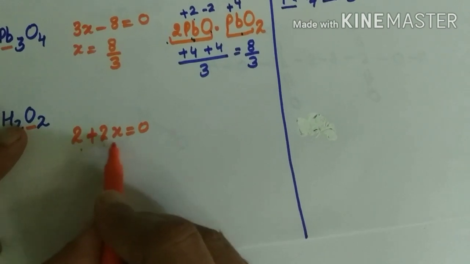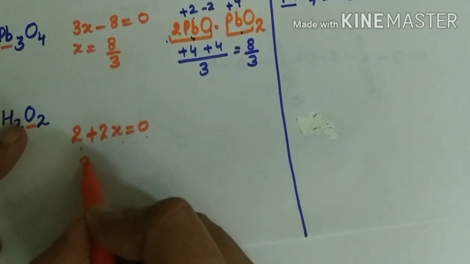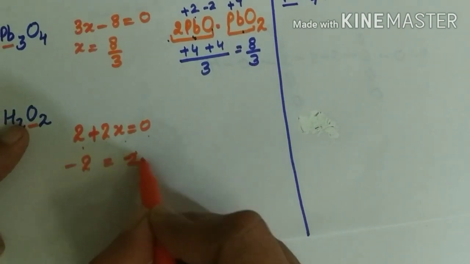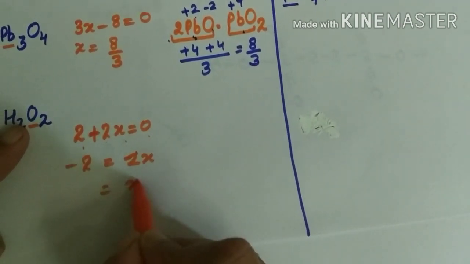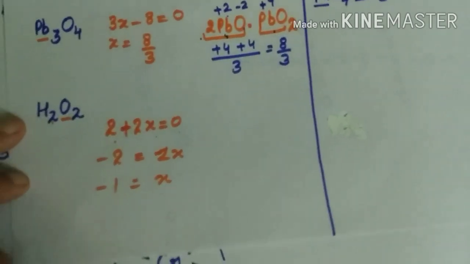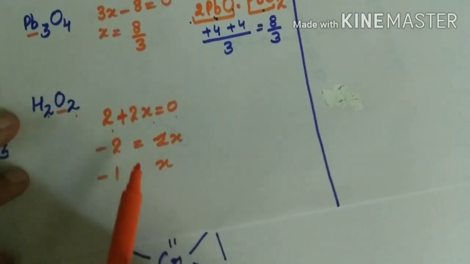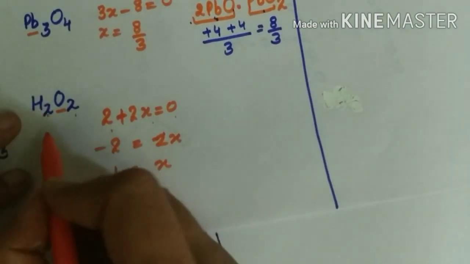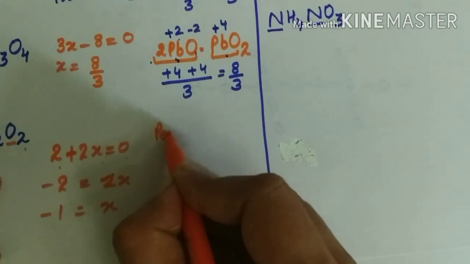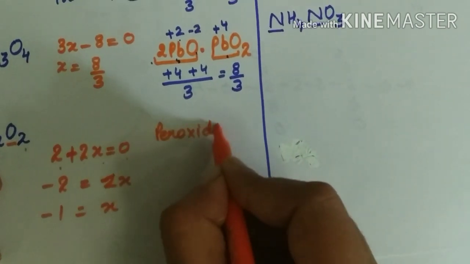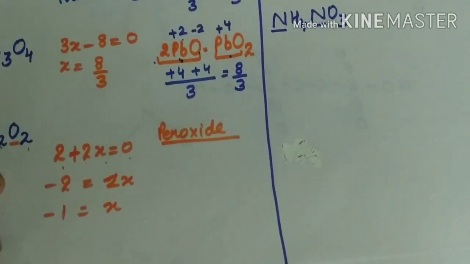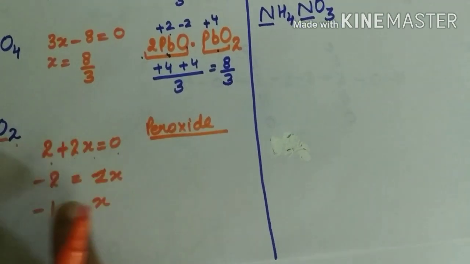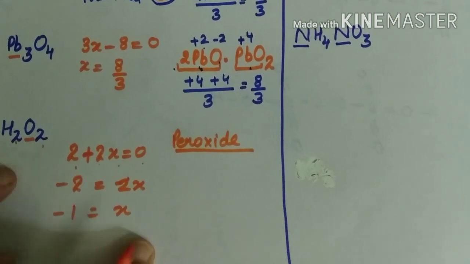So 2 plus 2x is equal to 0, or 2x is equal to minus 2, or x is equal to minus 1. So in H2O2 the oxidation state of oxygen is minus 1. This is called a peroxide. In most cases the oxidation state of oxygen is minus 2, but in peroxides it is taken as minus 1.